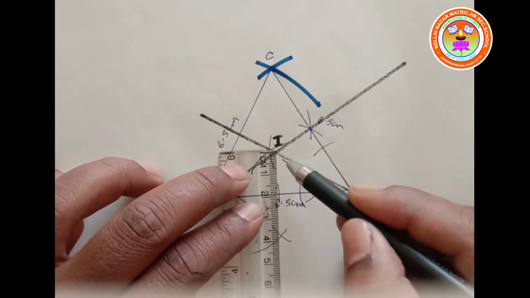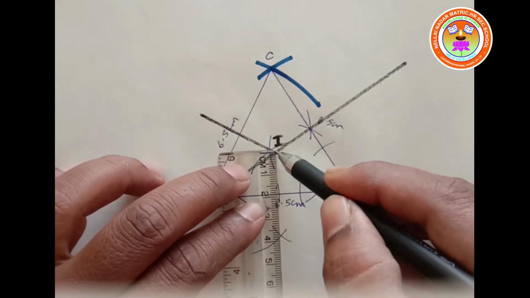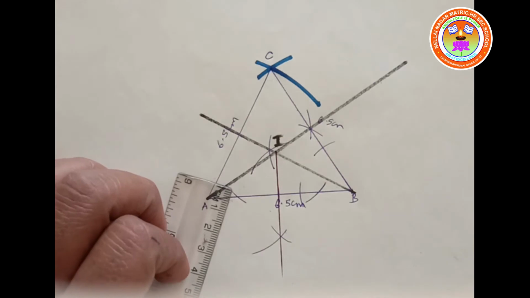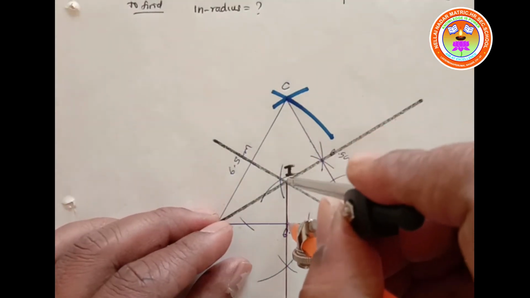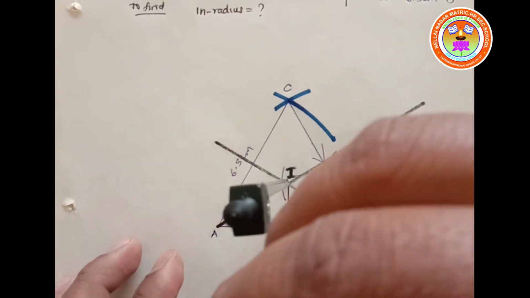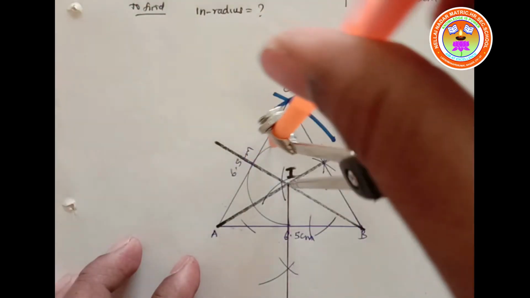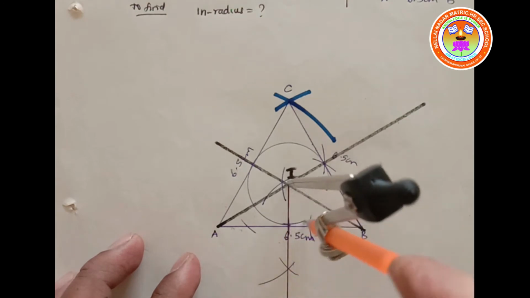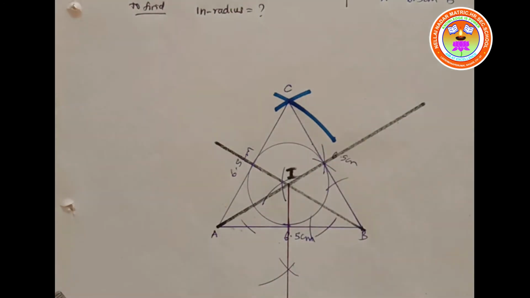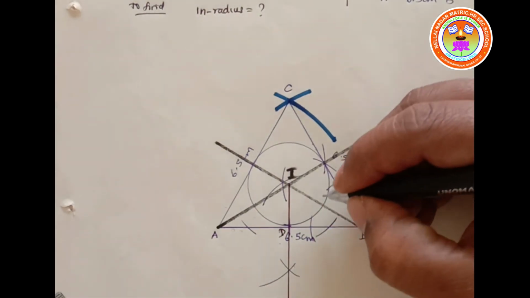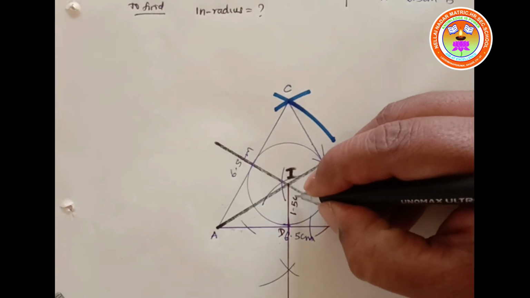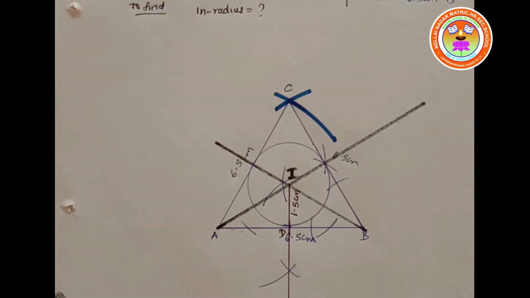With I as center, draw a line. Now with I as center, take the radius and draw a circle. See, exactly it should cut like this. Now I consider this point as D. ID equal to 1.5 centimeter. Is it clear, children?